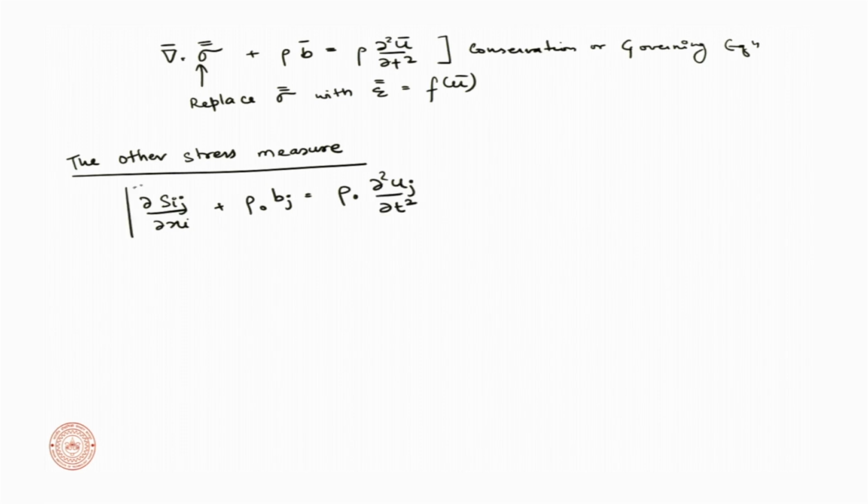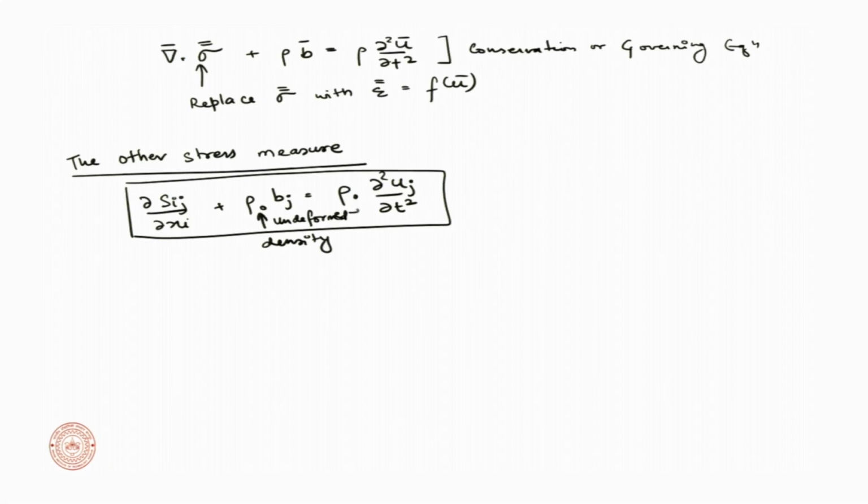Okay, so what did we do? We have introduced this rho naught, the undeformed density, and if we replace S with sigma, then it is del of sigma ik f jk del xi plus rho naught, the rest is the same.